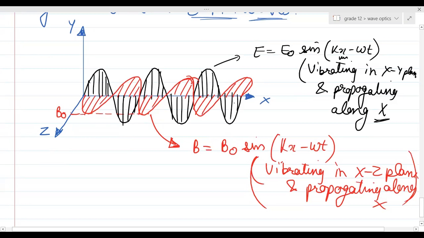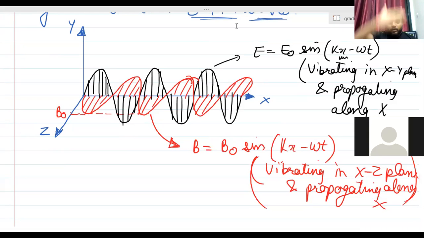Guys, can you see the difference between both of them? Can you understand this particular diagram? The electric field oscillates like this, whereas the magnetic field oscillates like this.